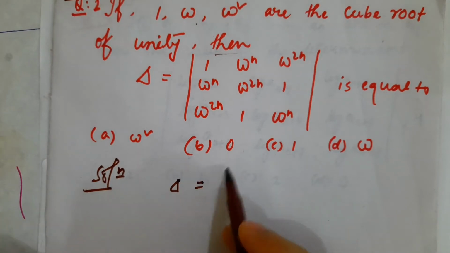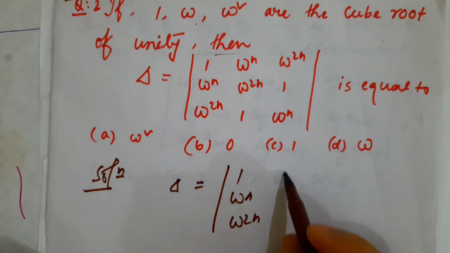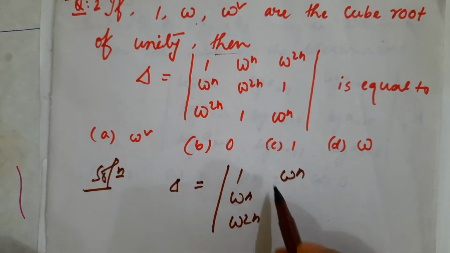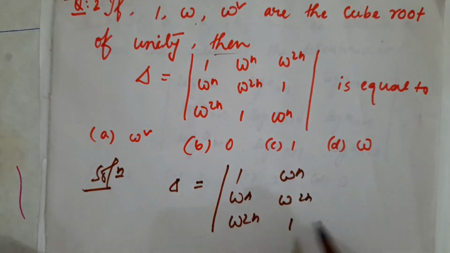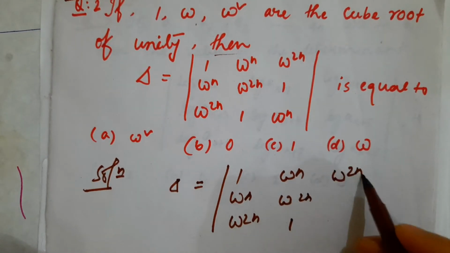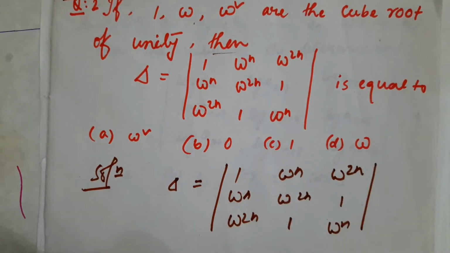This determinant equals 1, omega to the power n, omega 2n, omega n, omega to the power 2n, 1, omega to the power 2n, 1, omega n.